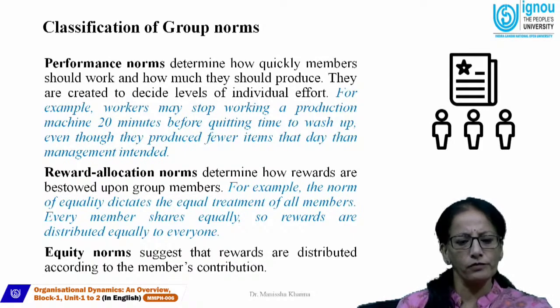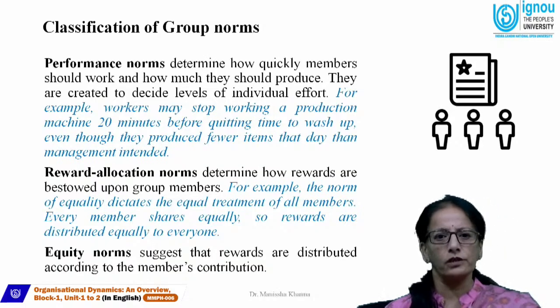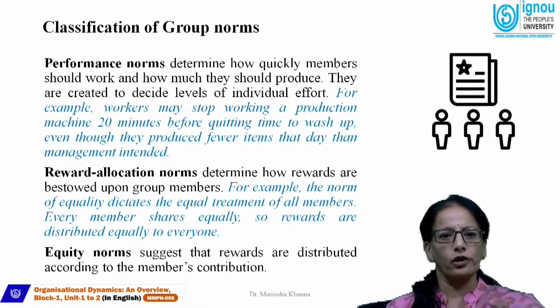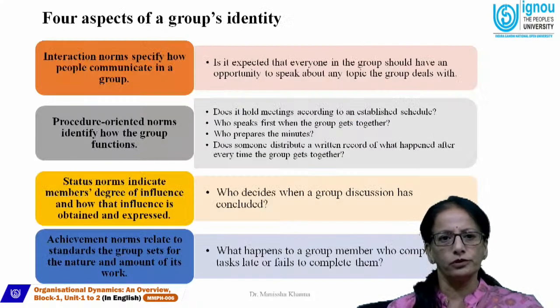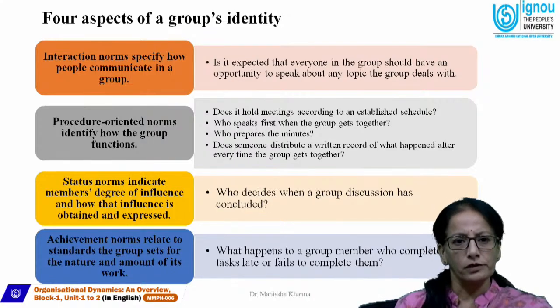Performance norms are about how the employees are performing. Reward allocation determines the rewards, and equity norms suggest the rewards are distributed according to the members' contribution.